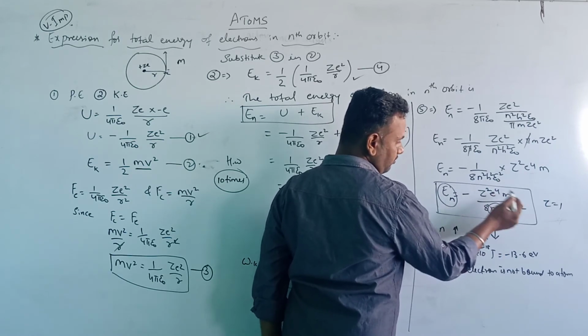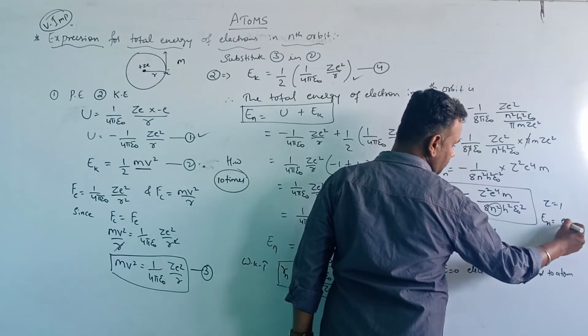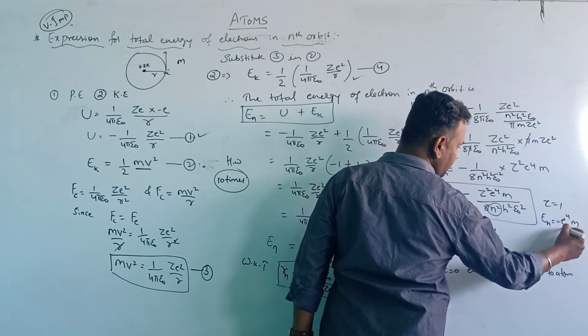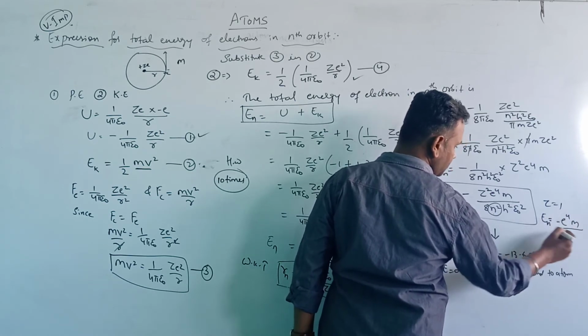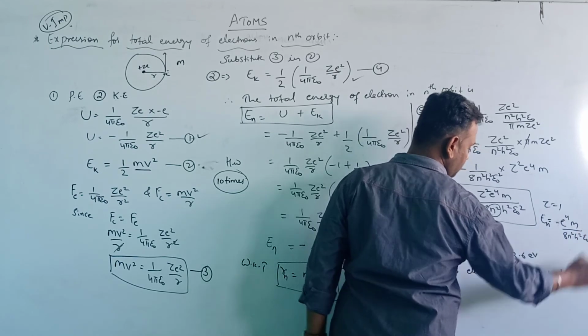So En, the total energy for the nth orbit, is equal to minus e to the power of 4 m divided by 8 n square h square epsilon square.